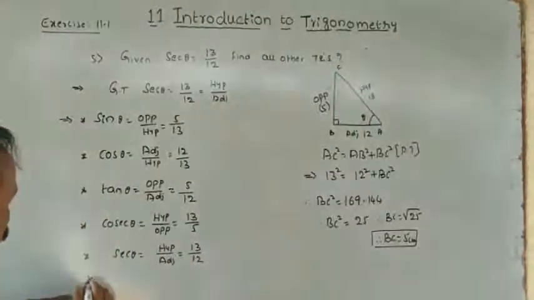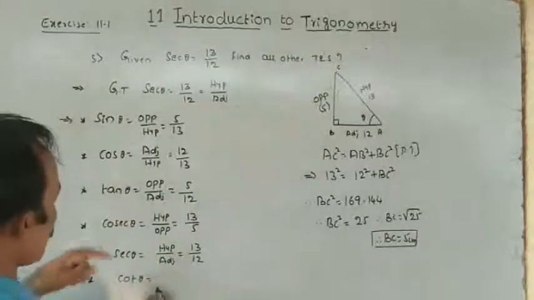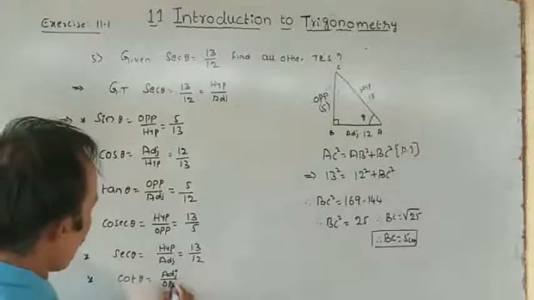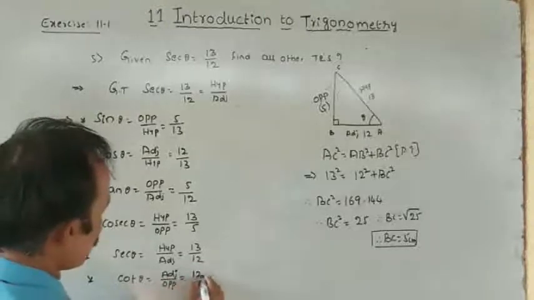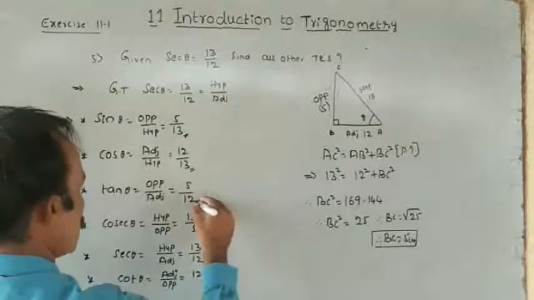Finally, the last one, cot theta is the reciprocal of tan, that is adjacent divided by opposite, so that is equal to 12 by 5. So these are the results.